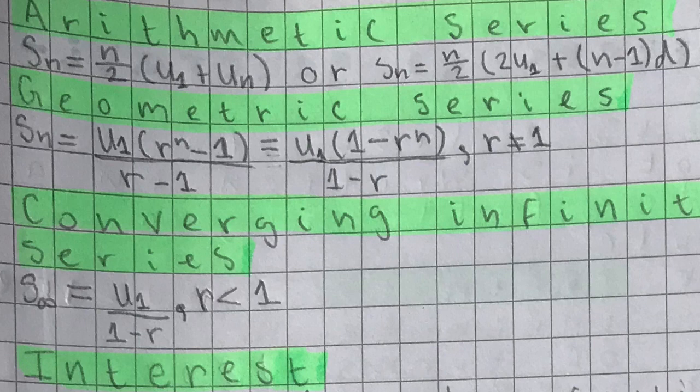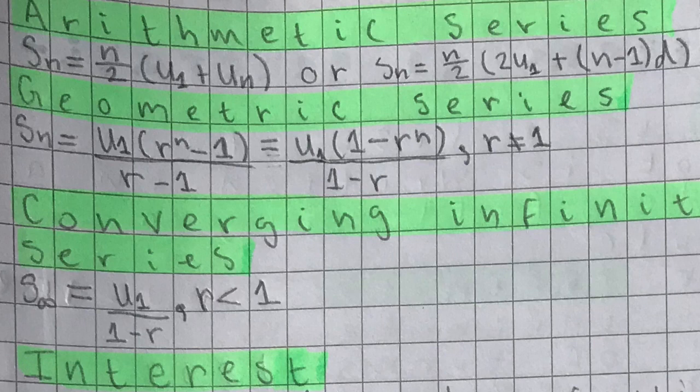Now for a geometric series, it is a little bit of a different formula. A geometric series is essentially all of the terms of a geometric sequence added together, or the sum of that. So essentially with this, your first term would be u1, and then it would be plus u1 times r, and then u1 times r squared, and then u1 times r cubed, and so on and so forth.